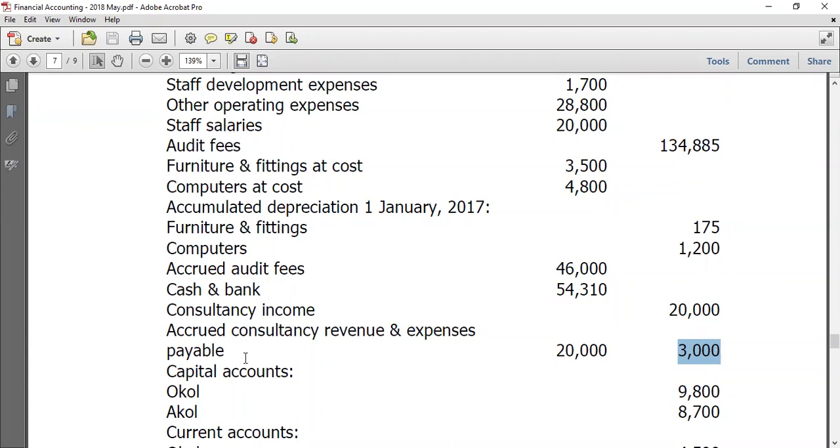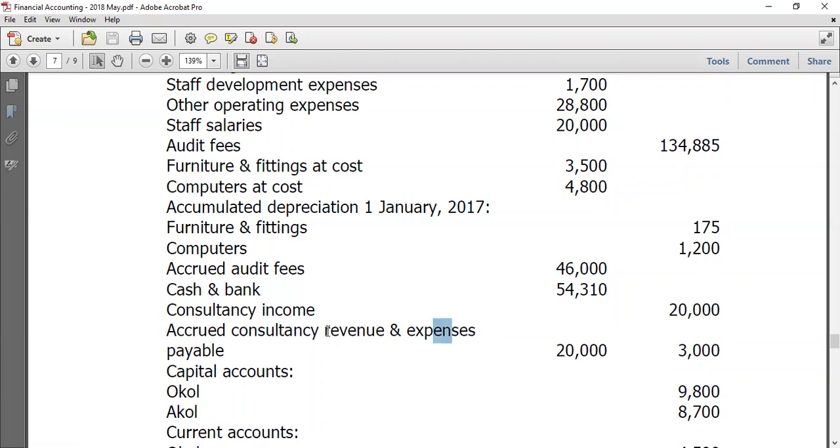Now, the examiner will just put this all together and put a value here. Yours is to determine what relates to accrued consultancy revenue and what relates to expenses payable.